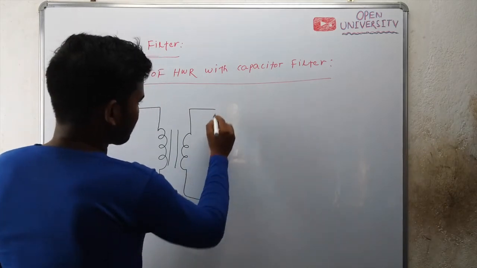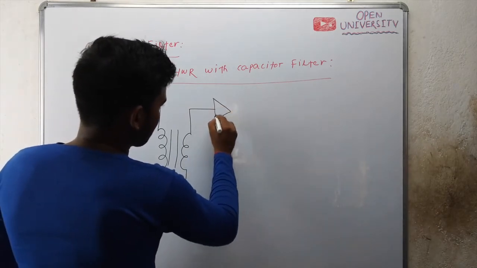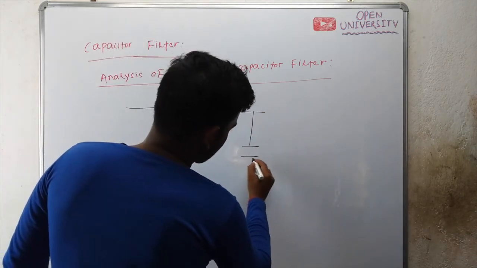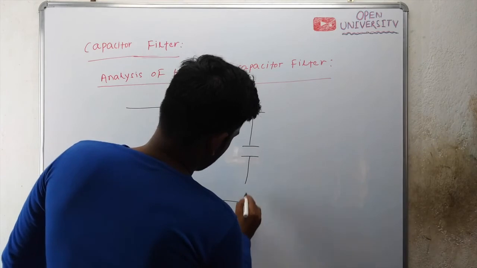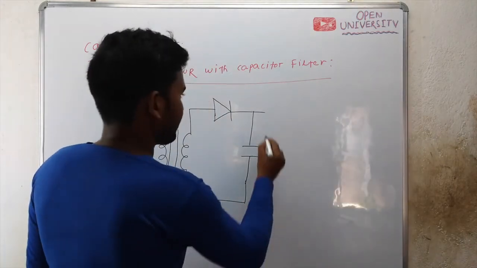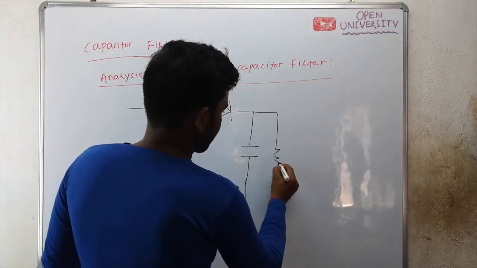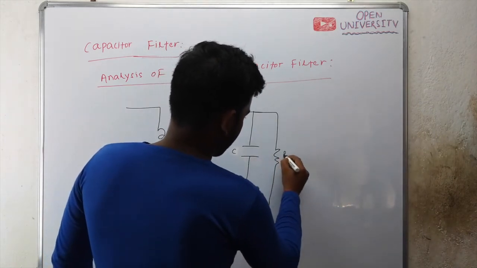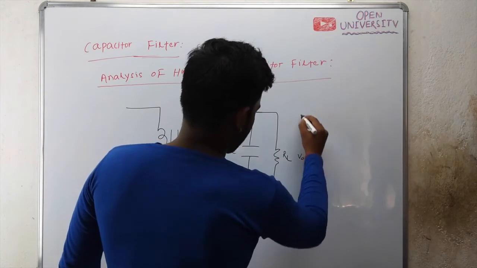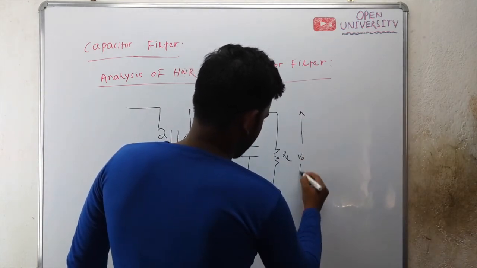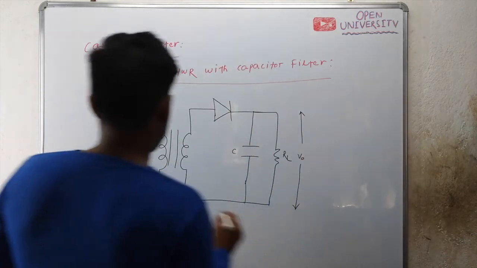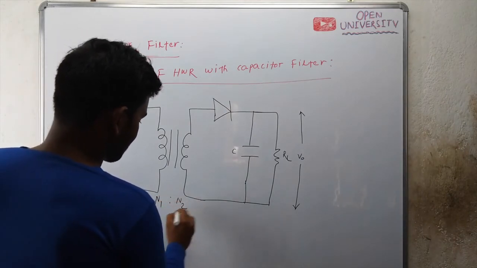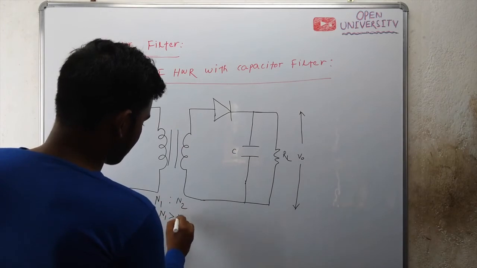Step down transformer. This is your diode. I am connecting a capacitor like this. Primary side has number of turns N1, secondary N2, and N1 is greater than N2.